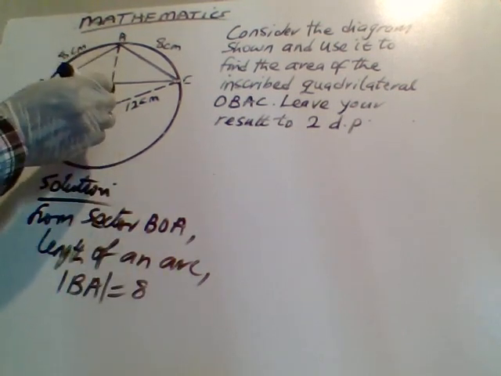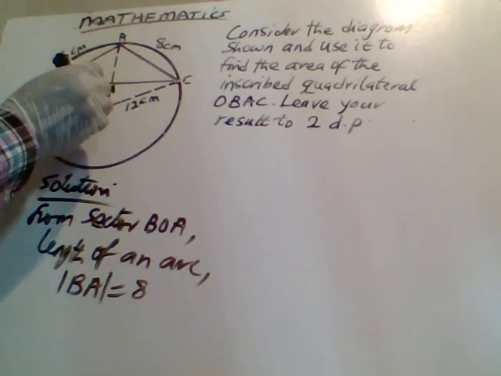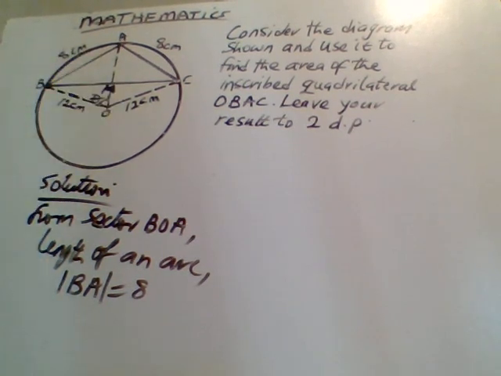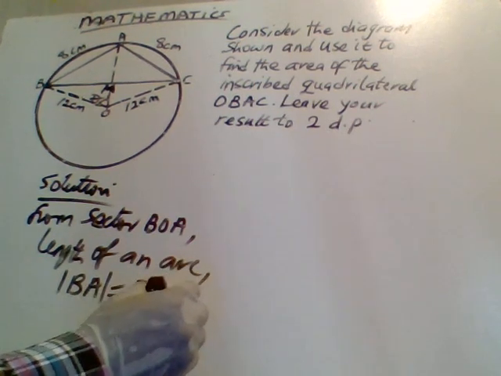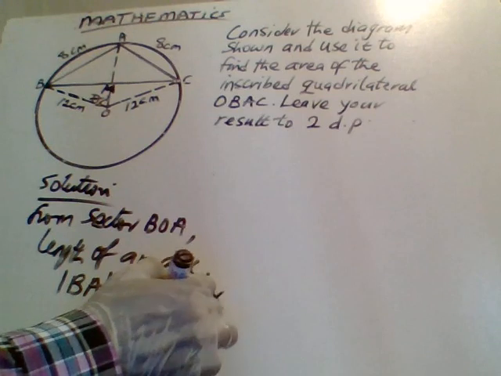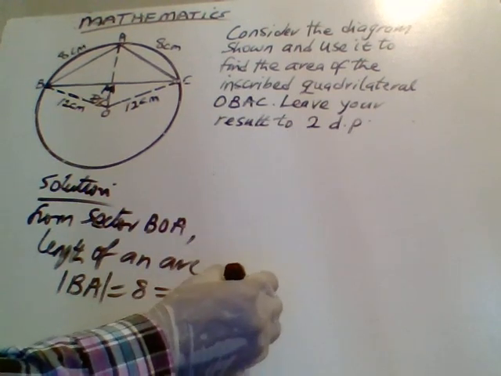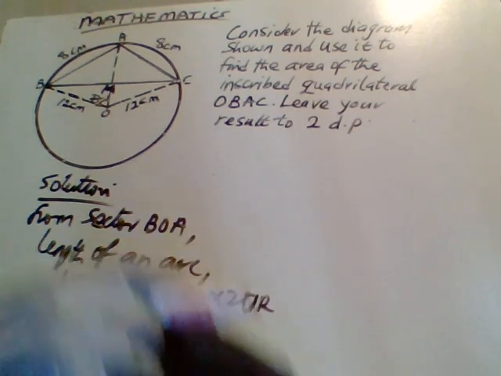Let's call the angle subtended here theta. So the arc length is equal to theta over 360 multiplied by 2 pi r.